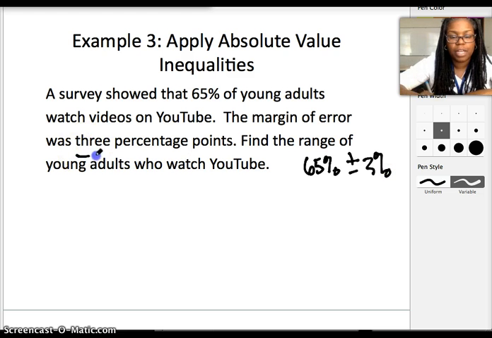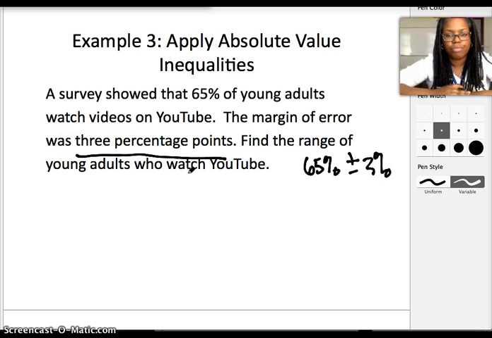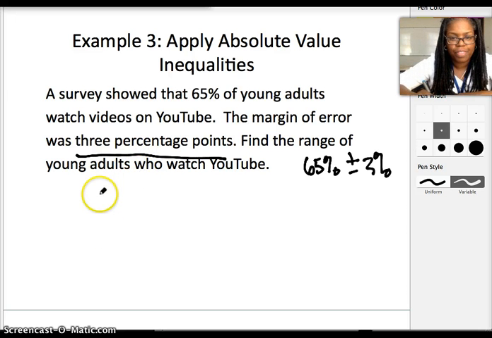That's what this is saying. The 3 percentage points means it can go in either way. You can intuitively add 3 onto 65 and subtract 3 from 65 and come up with the margin of error. But we're going to use inequalities to do this. Not the margin of error, but the percentage range of young adults that watch YouTube.